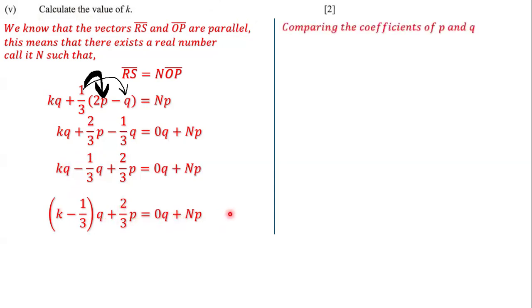Now, what we can do is we can compare the coefficients of P and Q. So this term right here is the coefficient of Q, and 2 over 3 is the coefficient of P. And on the right-hand side, the coefficient of Q is 0. So this is 0Q. And on the right-hand side, the coefficient of P is N, all right?